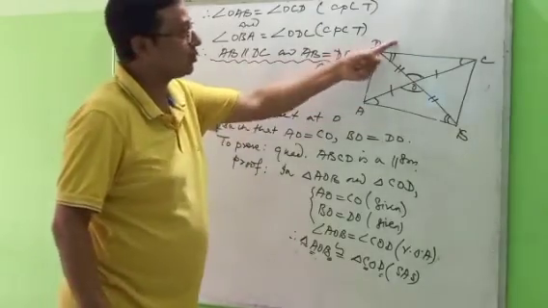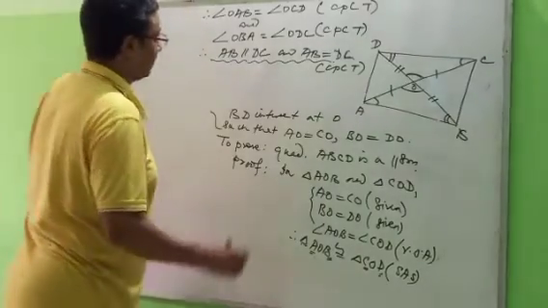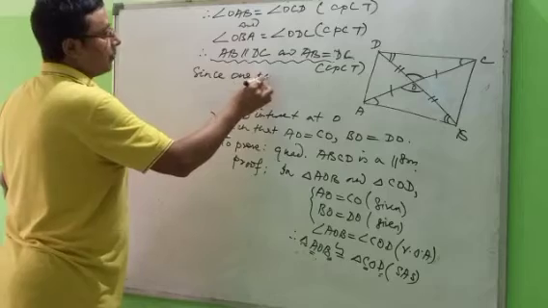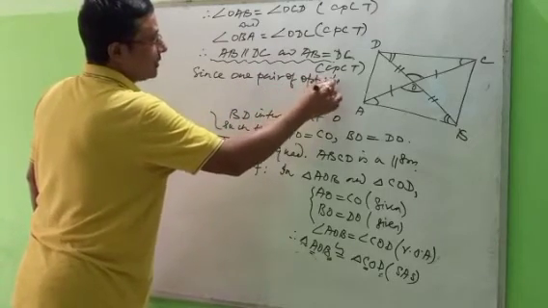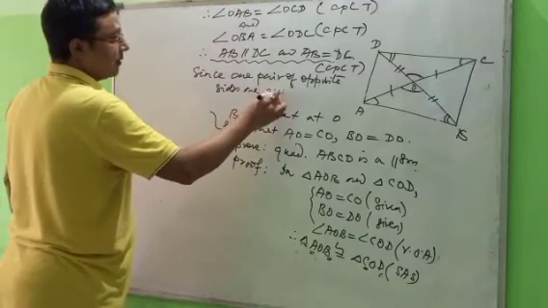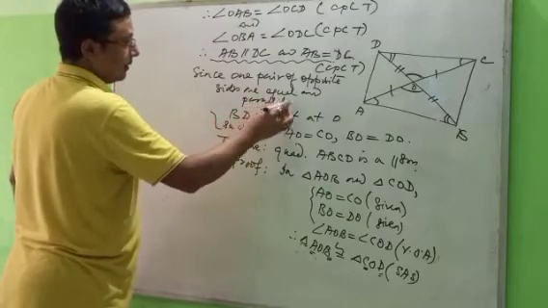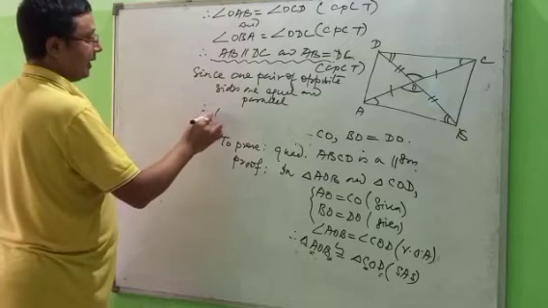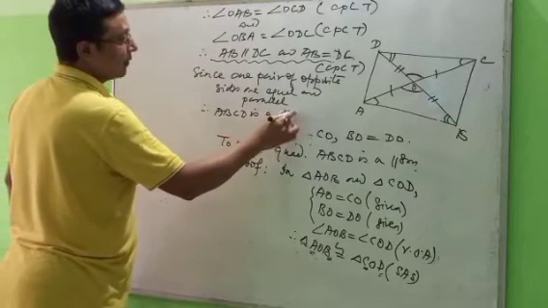In that case also, this figure will be called a parallelogram. So since one pair of opposite sides are equal and parallel, therefore ABCD is a parallelogram.